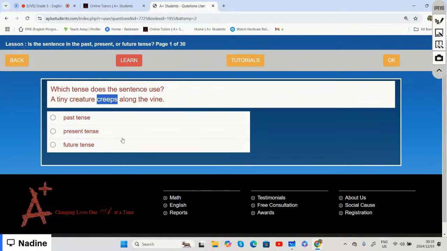We will say it is the present tense. Remember, we said our regular simple present tense either ends with an S or ES. So creeps, something that you're doing now, creeps along the vine. So well done. Option two is correct.